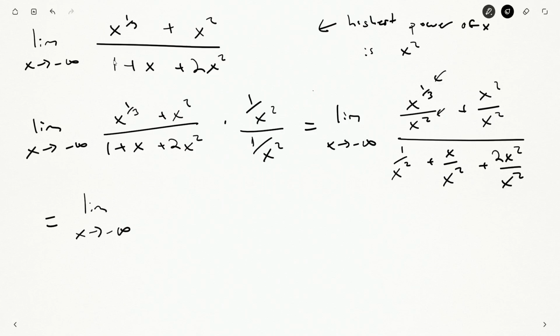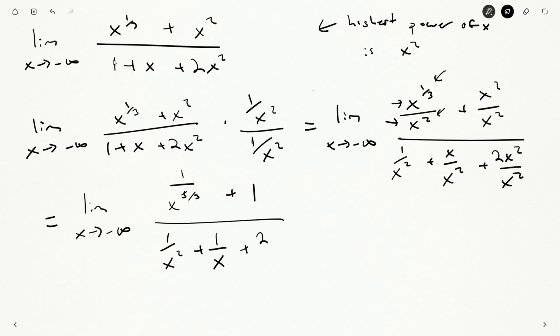Number on the top, number on the bottom, same base, you subtract the exponents. So 1/3 minus 2, that's 1/3 minus 6/3. That's x to the negative 5/3, or we might say 1 over x to the 5/3. And plus 1 over x squared here, 1 over x, and then 2. Just plain old 2.